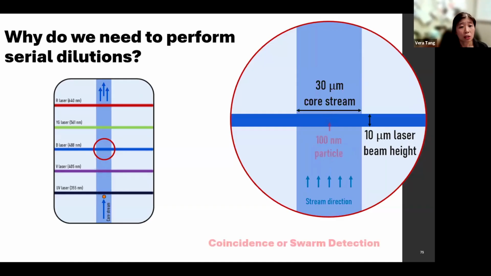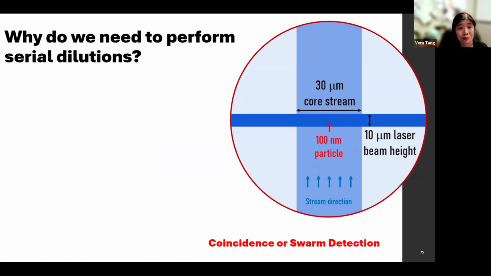But when you're looking at EVs, we're really talking about something much, much smaller. Generally, an average size EV or virus particle is about 100 nanometers. And I swear there is actually a dot there. It's just so small you can't see it.